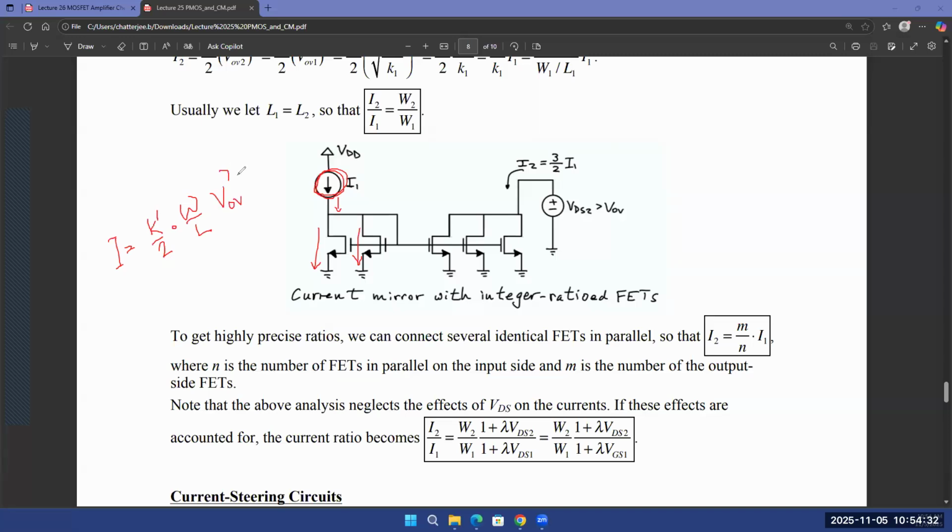So what I just did is expand K as K prime times W over L. If the current is getting doubled by putting two transistors in parallel, effectively the overall width of the two transistors is getting doubled. That is going to be the effect of putting two transistors in parallel. Because my current is getting doubled, effectively my width is getting doubled.